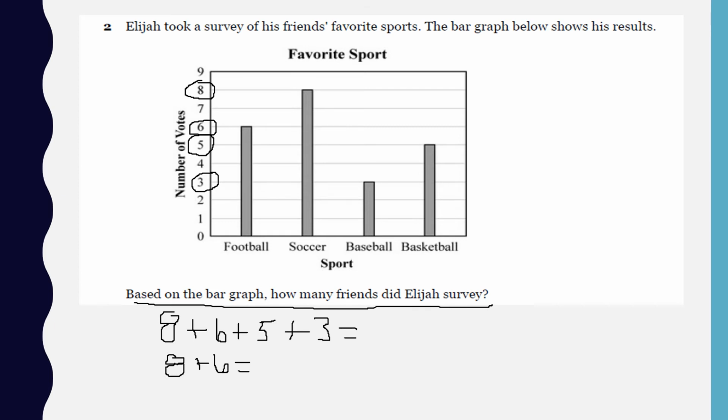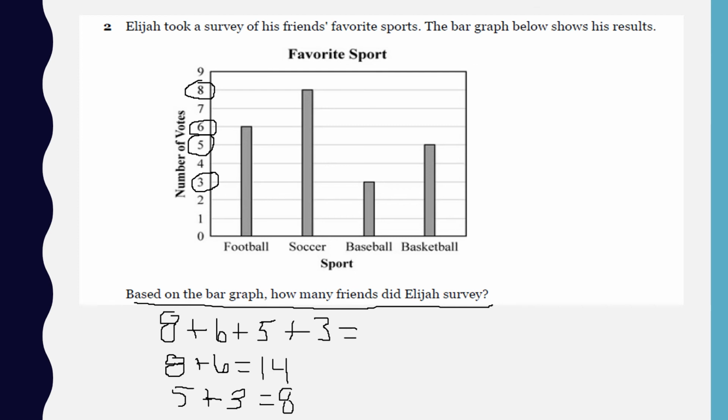First, I'm going to solve for 8 plus 6, which equals 14. Next, I'm going to solve for 5 plus 3, which equals 8.